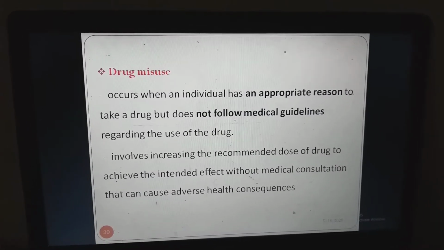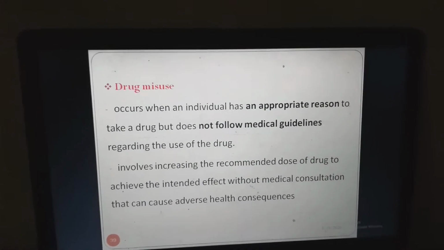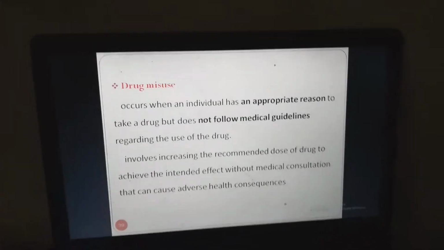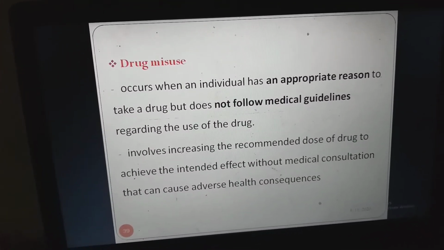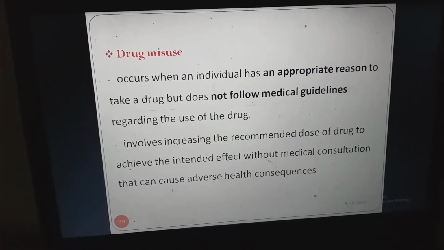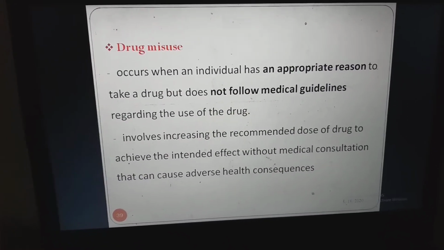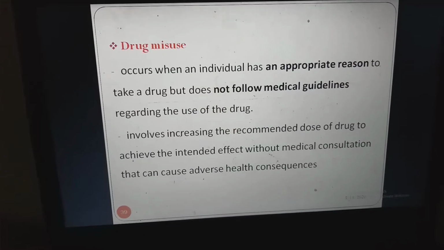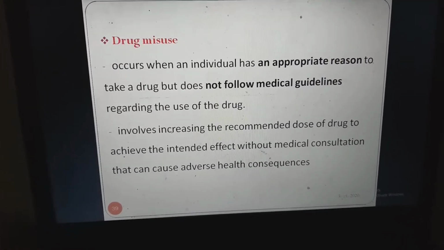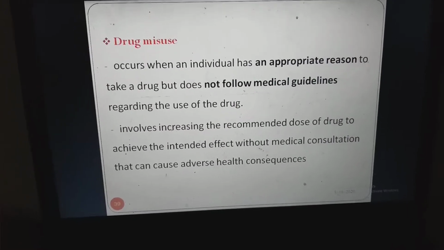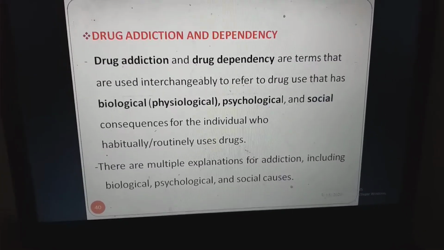Drug misuse occurs when an individual has an appropriate reason to take a drug but does not follow medical guidelines regarding its use. It involves increasing the recommended dose of a drug to achieve the intended effect without medical consultation, which can cause adverse health consequences.